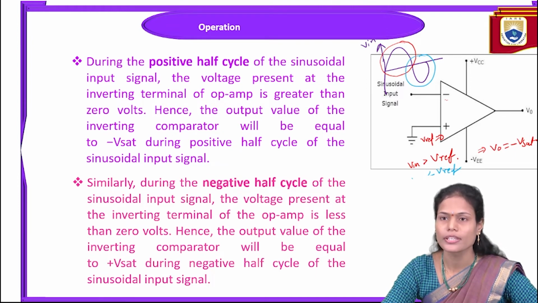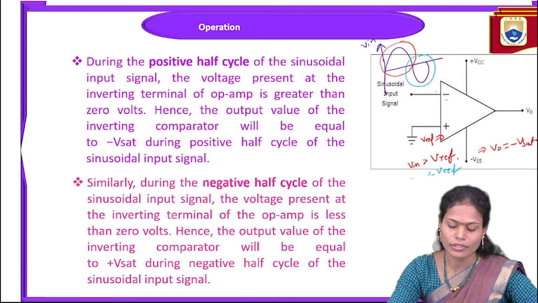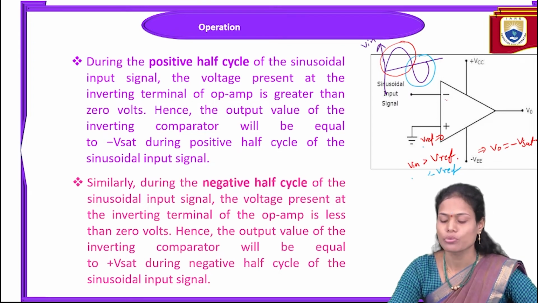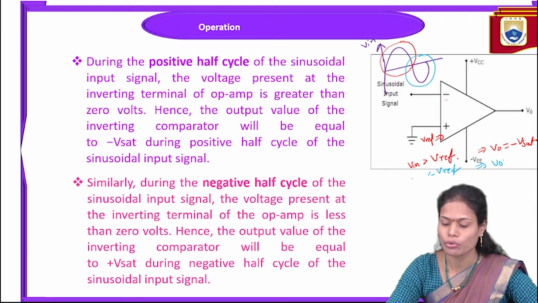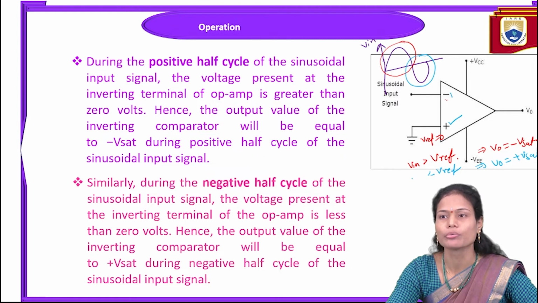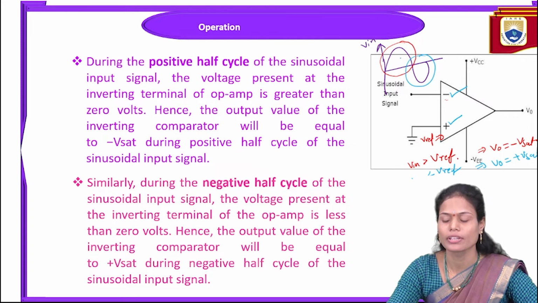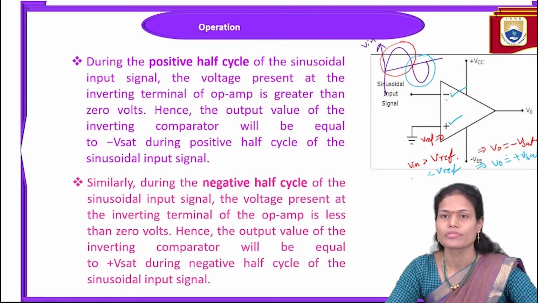So the signal at the inverting terminal of the op amp is less than 0, and my output voltage is plus Vsat. Why? Because this one is higher compared to this one. That is nothing but during the positive half cycle we get the negative saturation, and during the negative half cycle we get the positive saturation.